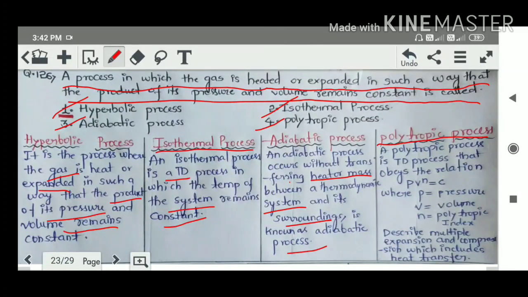A polytropic process is a thermodynamic process that obeys the relation PV^n, where P is pressure, V is volume, n is the polytropic index. The value of n is different for different processes, and it describes multiple expansion and compression processes which include heat transfer. Okay friends, so option 1, hyperbolic process, is the correct answer for this question.